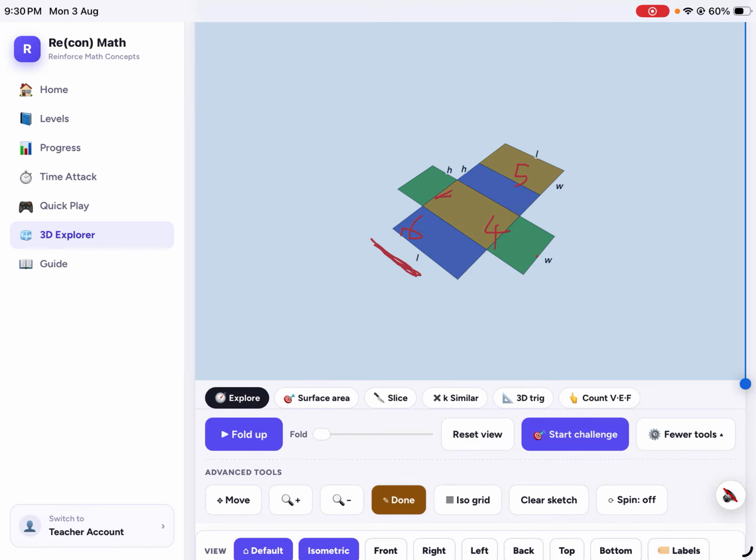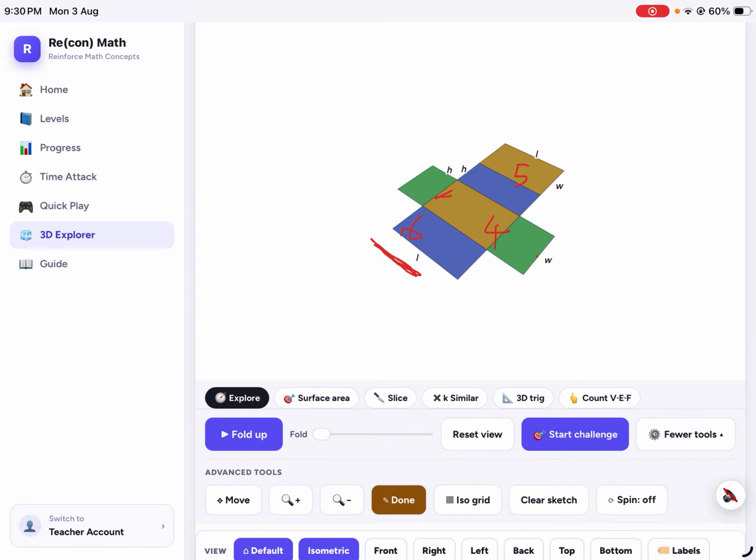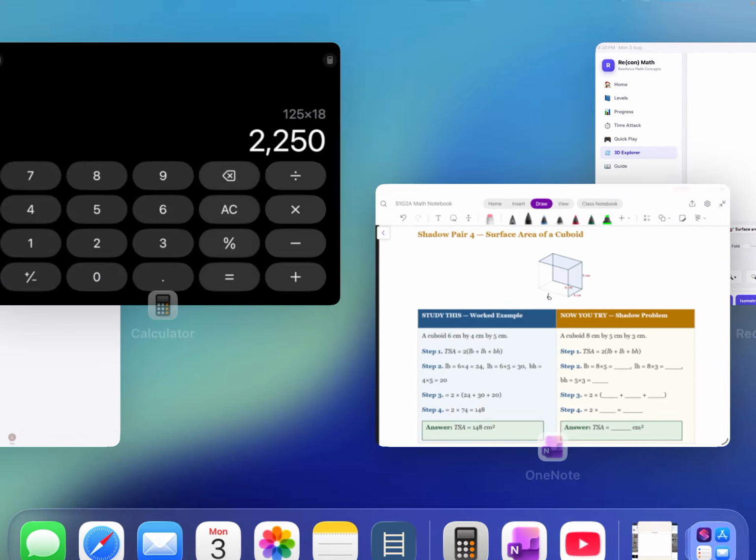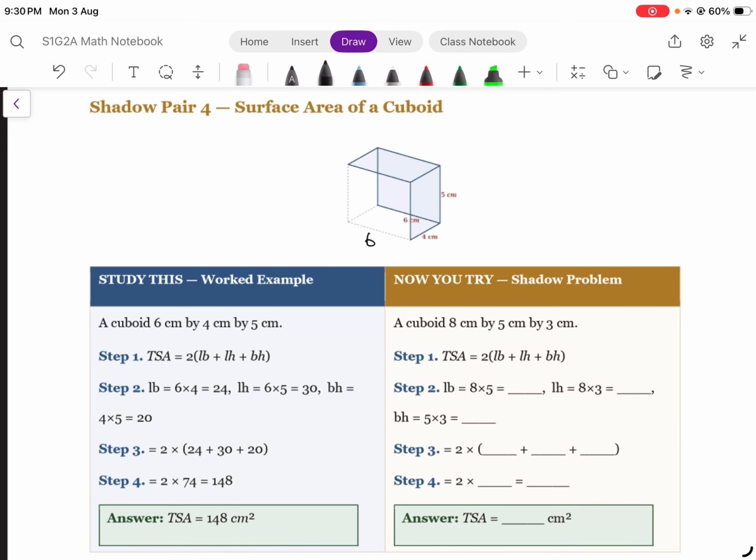The 4 is the length here, and the 5 is the length here. So when I go back to this question, 6 by 4 by 5, when it opens up, you have a 6 by 4, and you have a 4 by 5.